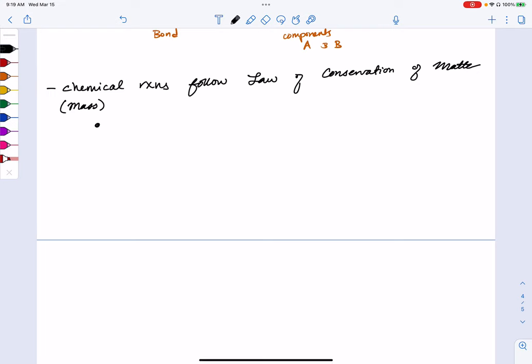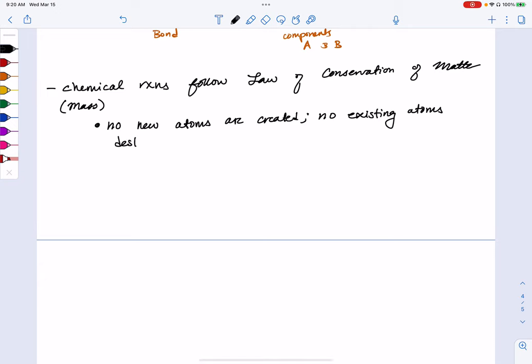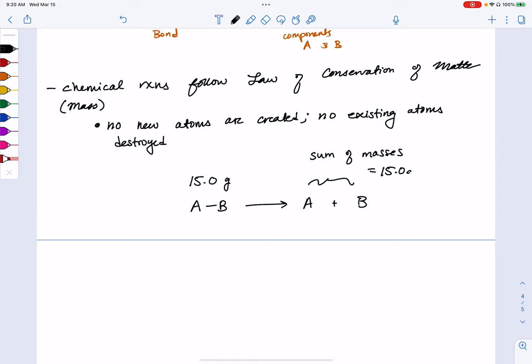As we've seen before, this means that no new atoms are created and no existing atoms destroyed. So for example, if I had 15.0 grams of AB that was then separated into A and B, I better have in total a sum of masses equal to 15.0 grams.